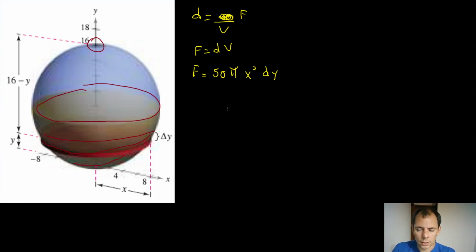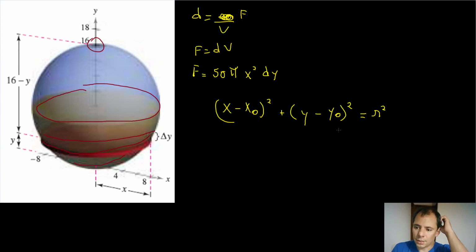So let's see. If you want to make a circle, I don't know if you remember the equation of the circle. It's going to be x minus x0 squared plus y minus y0 squared equals the radius squared. Well, the radius is 8, okay, because the tank has radius 8. So this is going to be 8 squared in here.